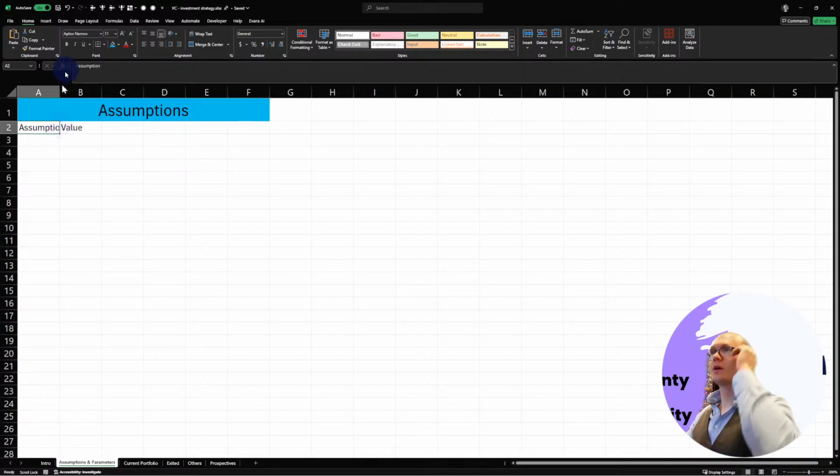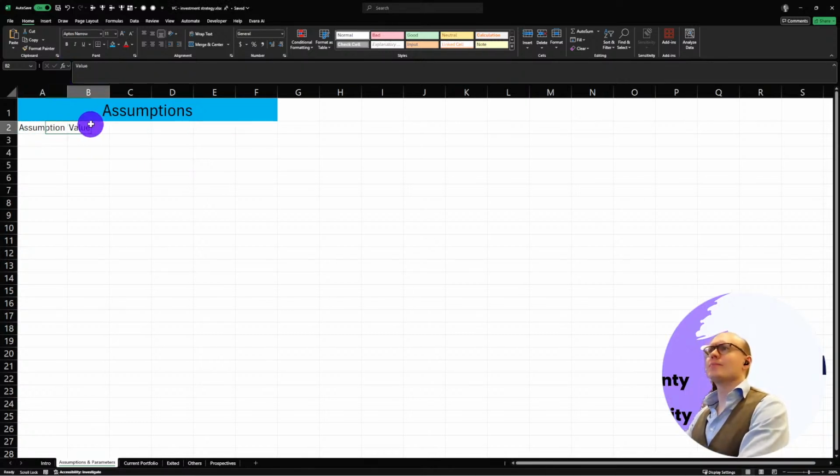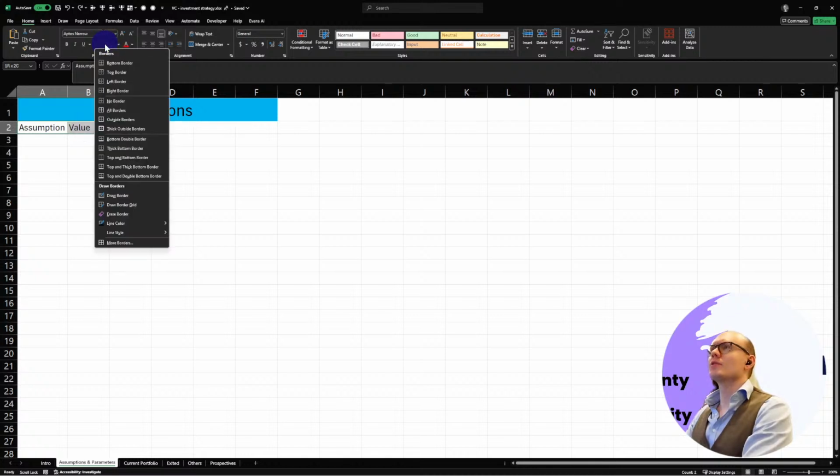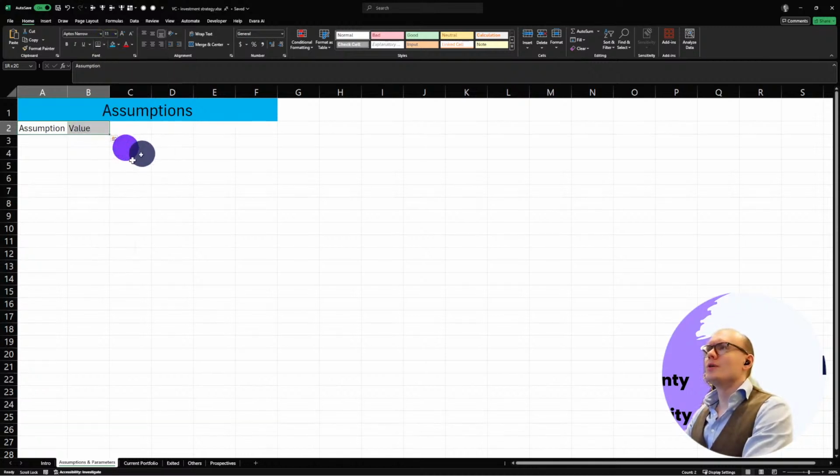Okay, so that doesn't work anymore. Interesting. I can't basically use my arrows to move around the spreadsheet, but I guess that doesn't matter too much. Thick bottom, there we go. We put that in the center like that.